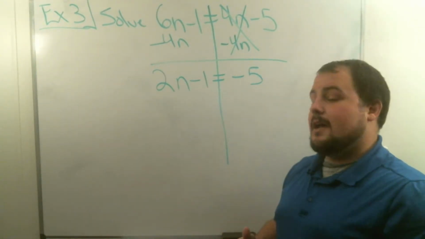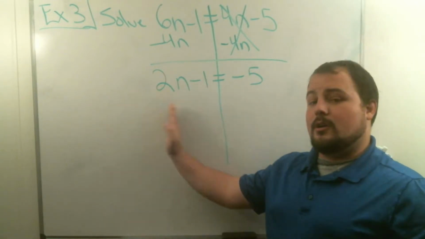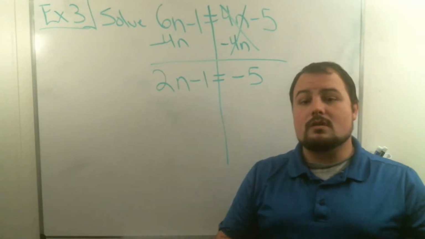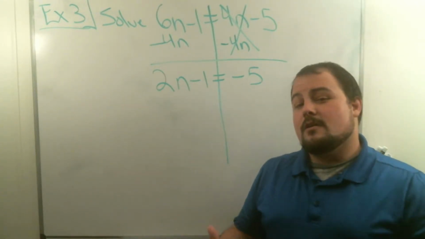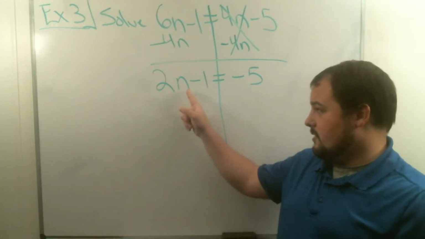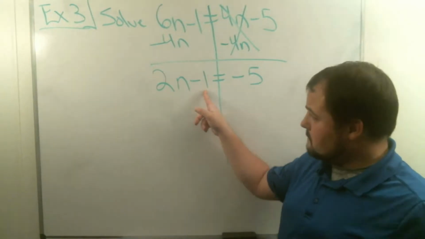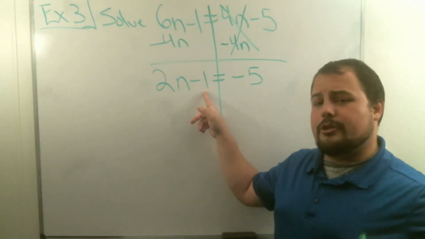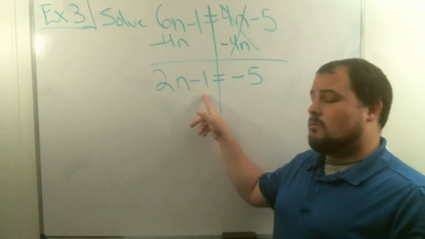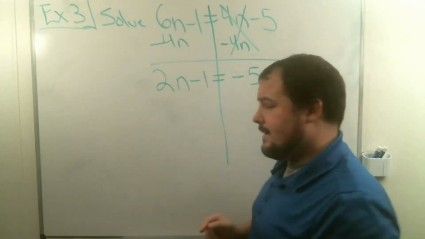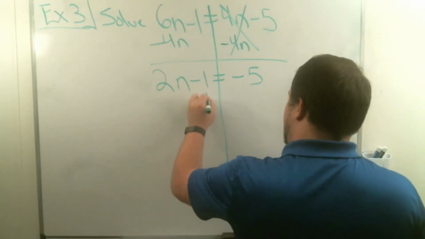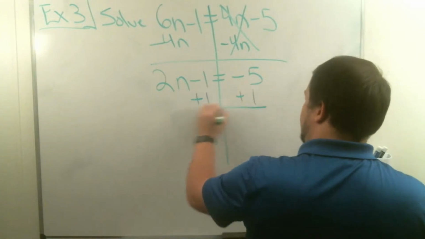Now, notice what happened. We now only have the variable on the left side. Step 2 says get rid of the number that's on the same side as the variable. So here's the variable, and this is the number with it. To get rid of that, we're either going to add it or subtract it. Well, if it's a negative 1, I'm going to add it. So we add 1, add 1.